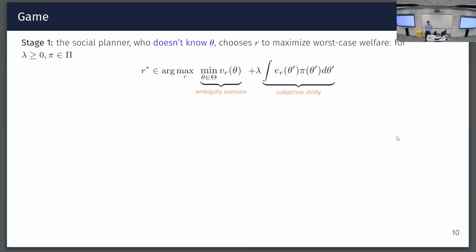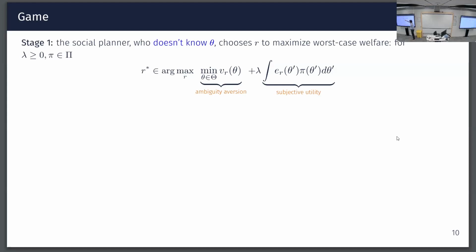Let me think about the first stage, where the social planner has to think about the optimal R star or the class of R star. The social planner does not know theta, the parameter of interest, and she's going to choose R to maximize the worst case welfare. Let me denote by W of R and theta the welfare, and I'm going to look at the worst case over the parameter space theta.